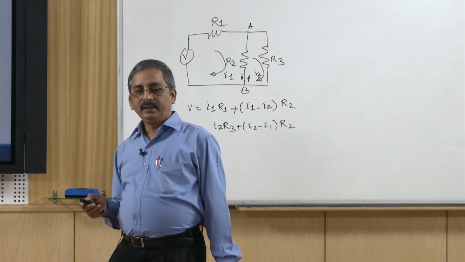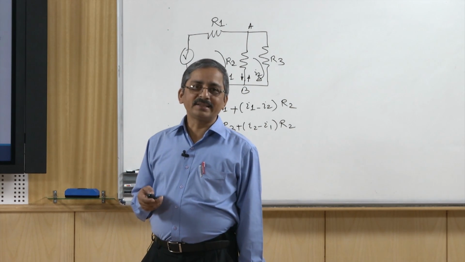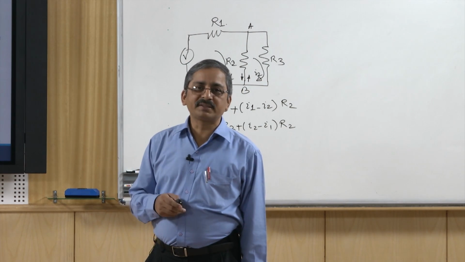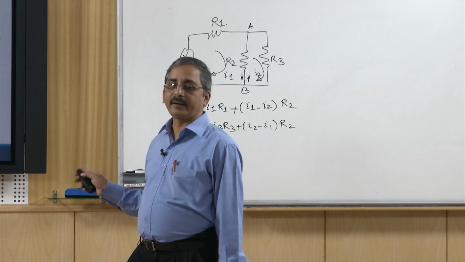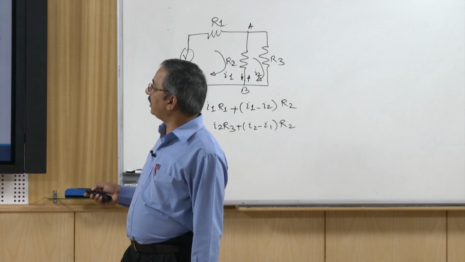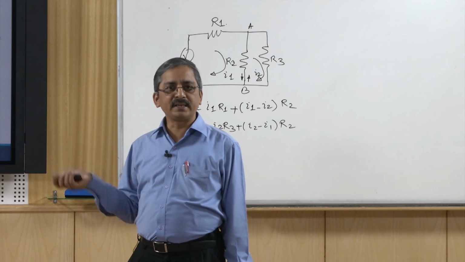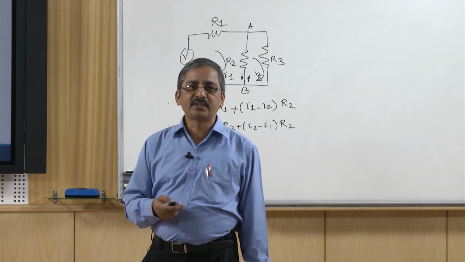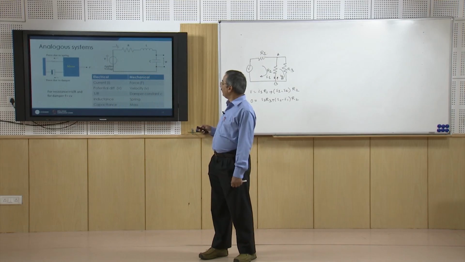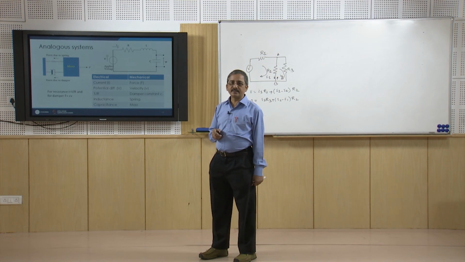Let us see the analogy between the mechanical system which we have seen in the previous submodule and the electrical system. There is always an analogy between the spring mass damper system and the RLC circuit. We have seen this analogy in our lecture on the bond graph also. So, here I have a spring mass damper system and here a series RLC circuit.